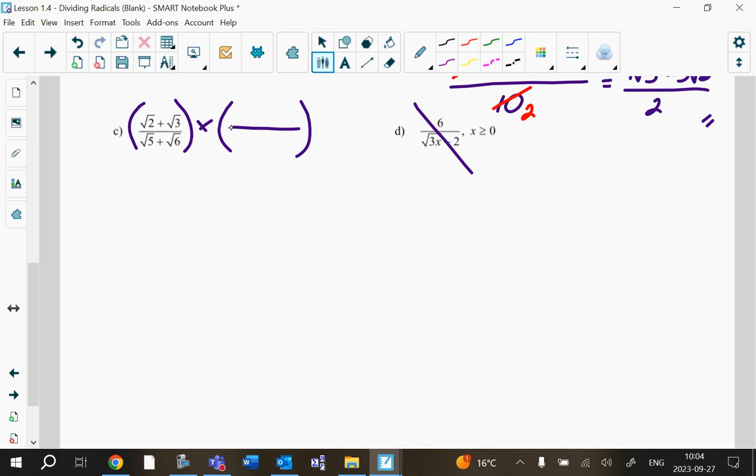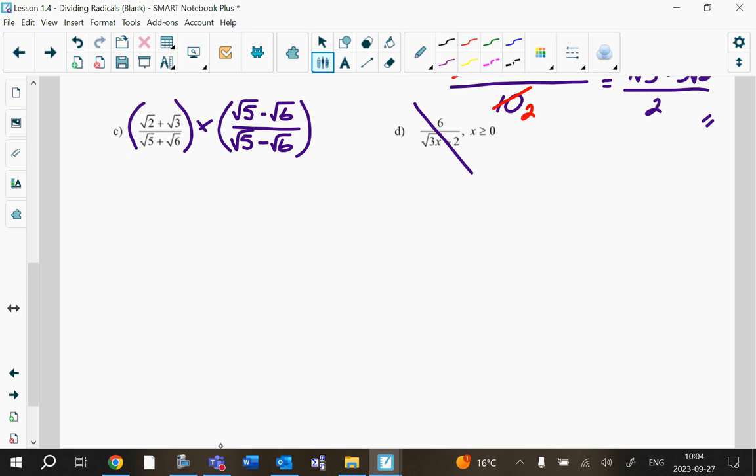So remember, we want the bottom to be non-radicals. So what would we multiply by? Look at the previous two examples, you guys. Root 5 minus root 6. Excellent. And whatever you do to the bottom, you do the same thing to the top. It's always the conjugate of the denominator because we're rationalizing the denominator. The numerator can have as many radicals in it as you want, but the denominator can't have any.